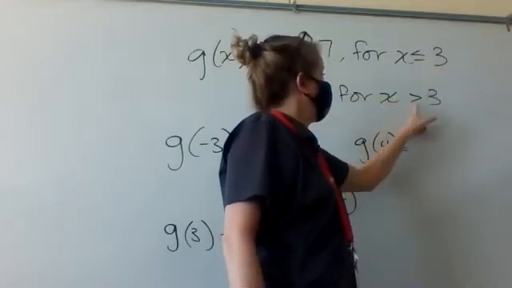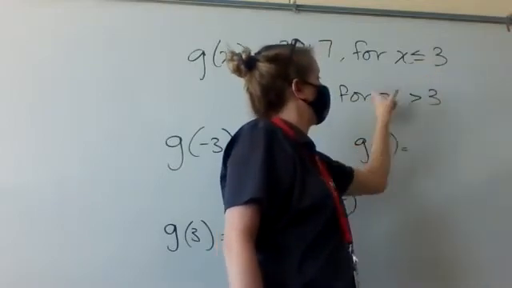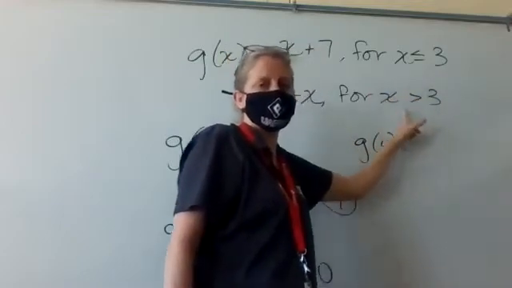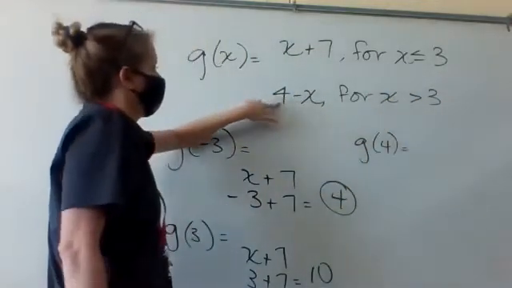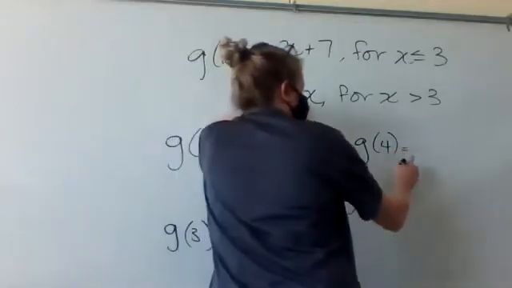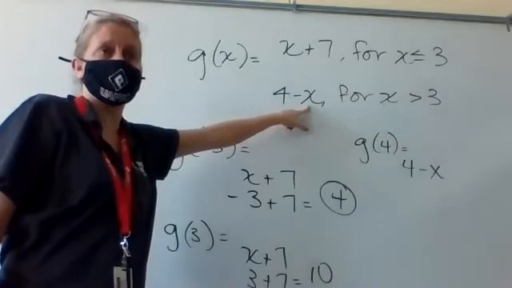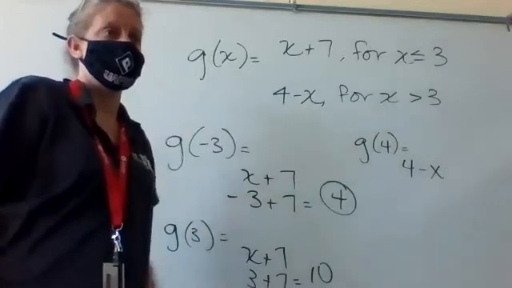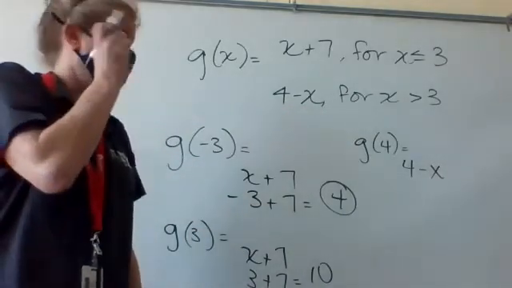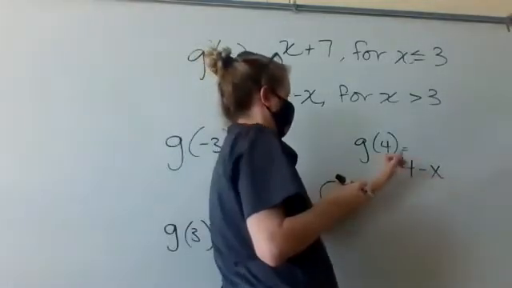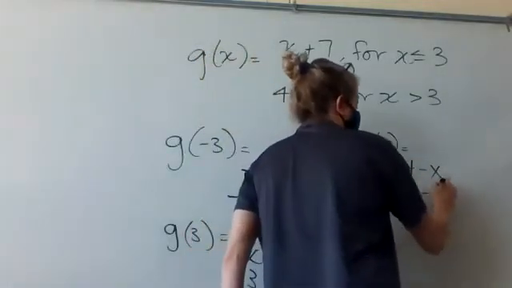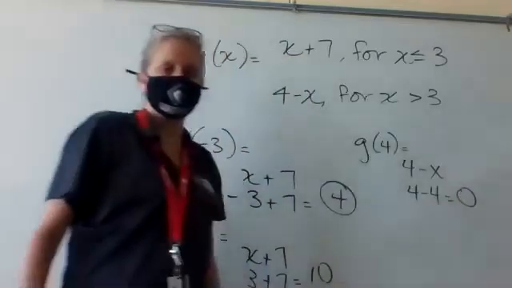So 4 is greater than 3, so it goes in this piece. What is that piece? It's 4 minus x. That's the piece I need to plug it into. So what am I going to replace this x right here with? 4. So I have 4 minus 4, which is 0.